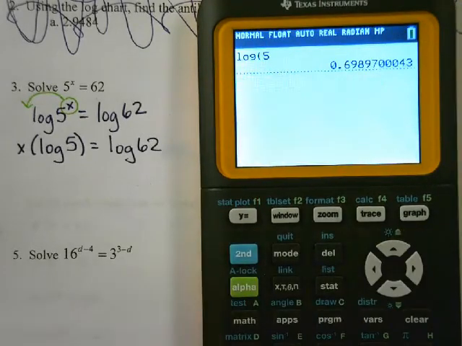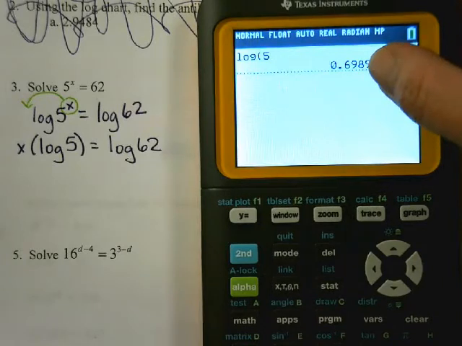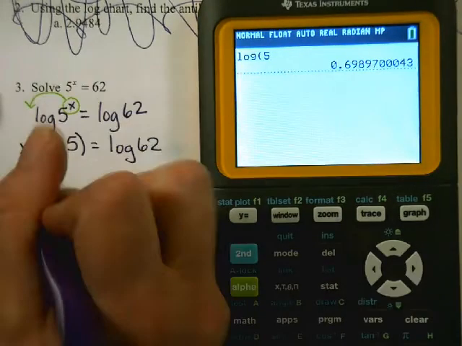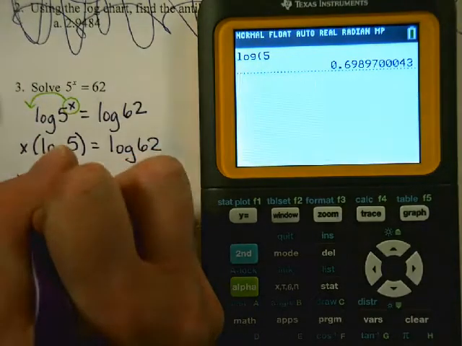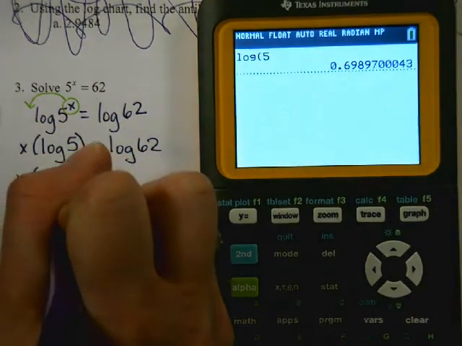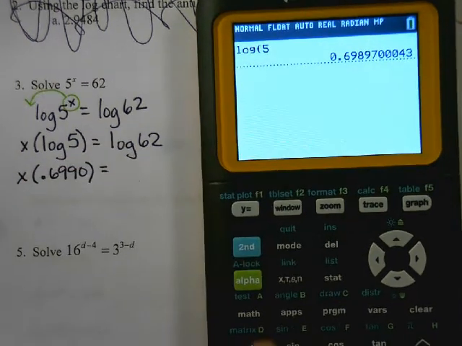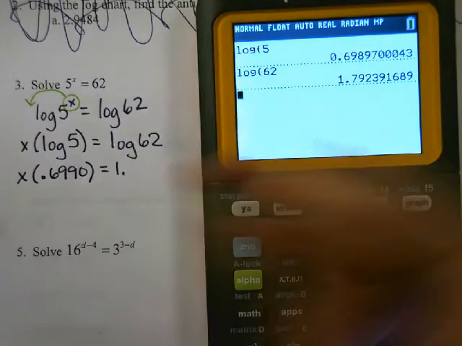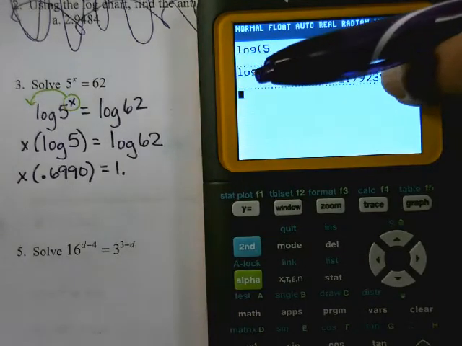Okay, so now let's change this to 4 decimal places. Ooh, this one's a tricky one. 0.6990, yep. So this is x times 0.6990 equals, and I'm going to do the same thing with 62. 1.7924.